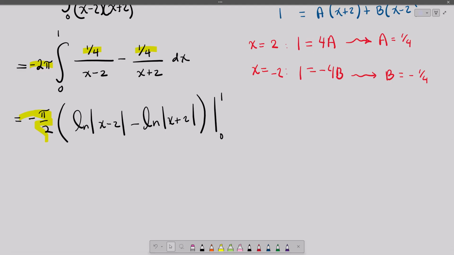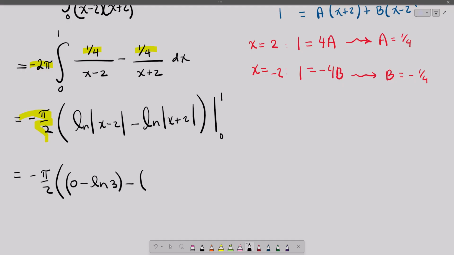And we're almost there. So let's see. Plug in 1. Natural log of -1 in absolute value means natural log of 1, which is 0. If we plug in 1 there, we get 0. So we get 0 minus natural log of 3.